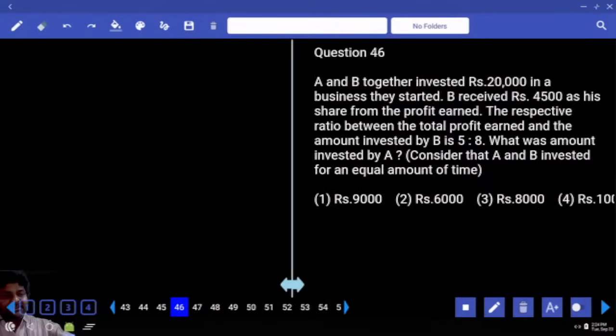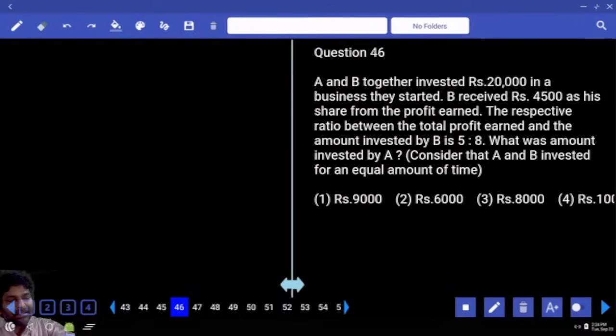A and B together invested 20,000 in a business. They started. B received 4,500 as his share from the total profit earned. The respective ratio between total profit earned and the amount invested by B is 5:8. What was the amount invested by A?